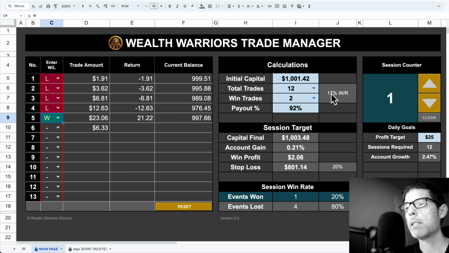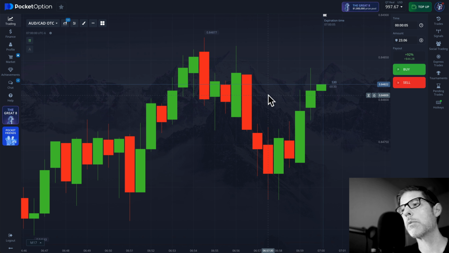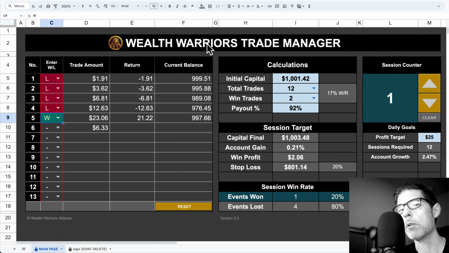That's what I'm willing to risk, and you don't want to trade with more than you're willing to lose, and that's considering the whole balance, not just each and every trade. Now, if I can predict what it's going to do and win every trade, I will not need the trade manager.